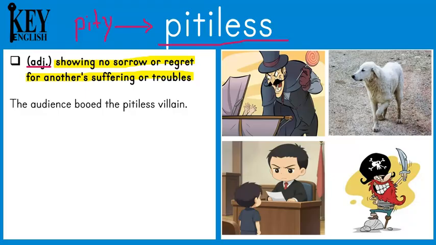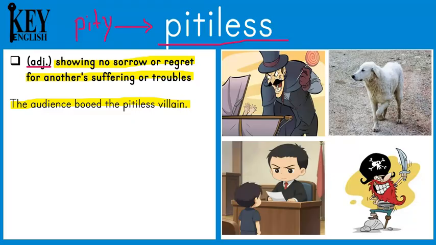The example sentence says, "The audience booed the pitiless villain." So often villains in stories will be described as being pitiless because they're usually doing very evil things and they don't care what happens to anyone else. Another example of someone who might be described as being pitiless is someone like a bully, because usually they don't care about hurting the feelings of other people.